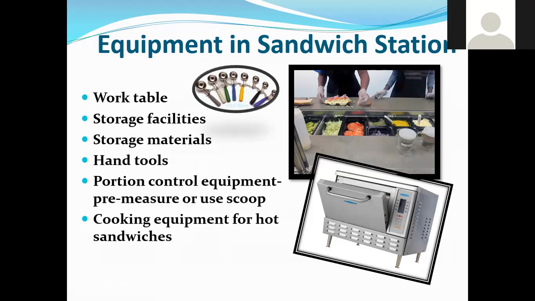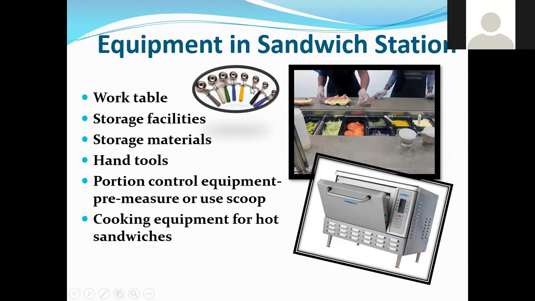And there are extras and backups of each thing in a refrigerator that is underneath that work area. And then as the sandwich artist is using those things up, they just take one empty container out and put the filled one back in.